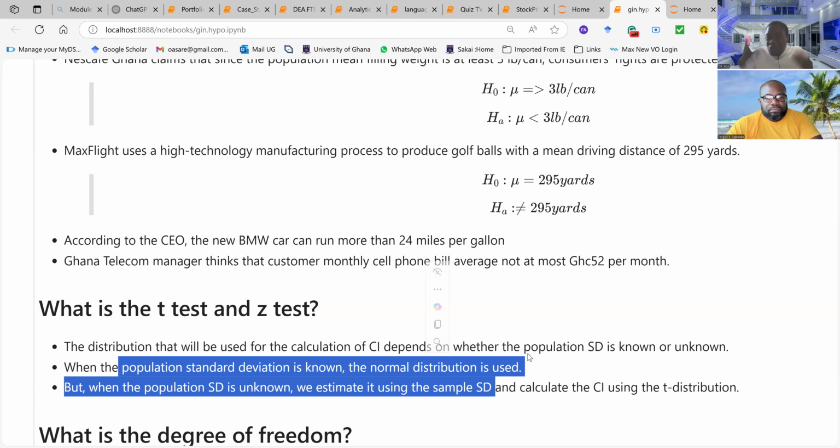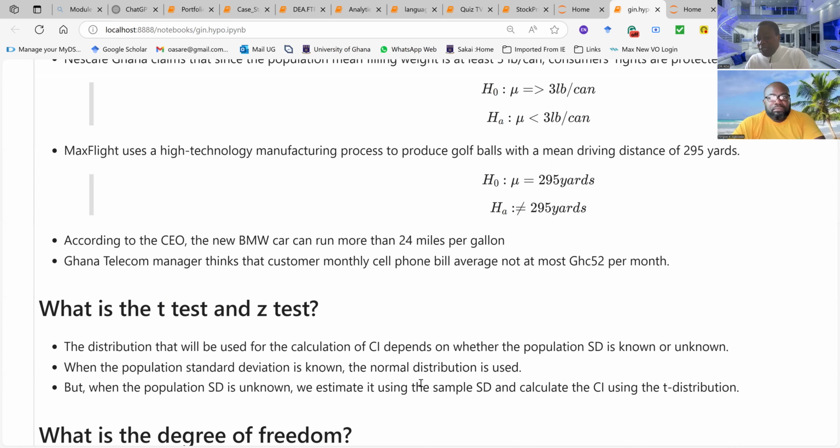But when the population standard deviation is not known, you have to estimate it using a sample one. So you take a sample from the population because you don't know the entire population. And by the way, when we say population, it's not only human beings. You can have a population of cars, of women, of buckets, of t-shirts.